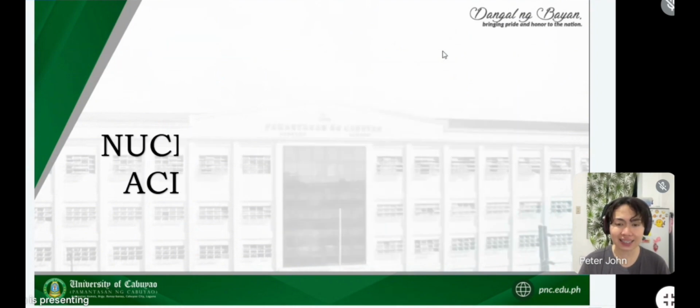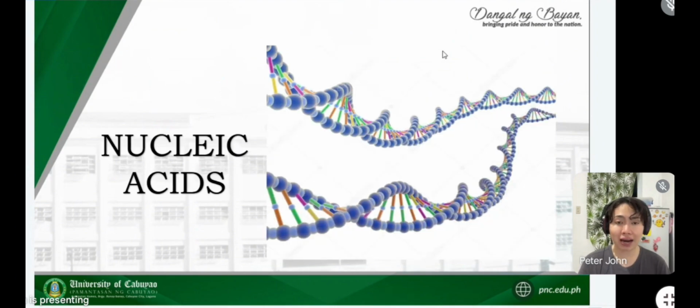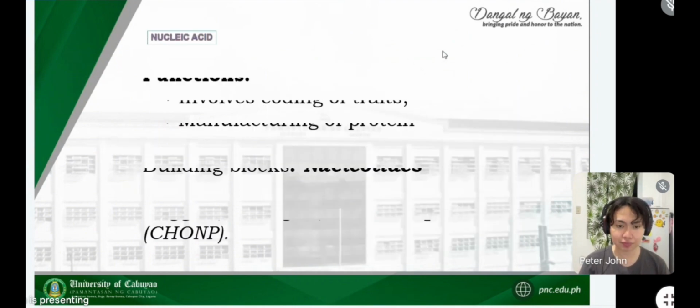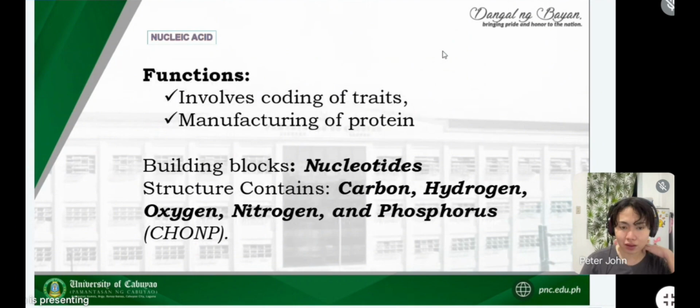Nucleic acid is the reason why we vary in our look. Siya yung pinaka-unique sa apat kasi nga siya yung may pinaka-kakaibang contribution sa aspect nating tao, sa organism. Nucleic acid's major function is involved in coding of traits.